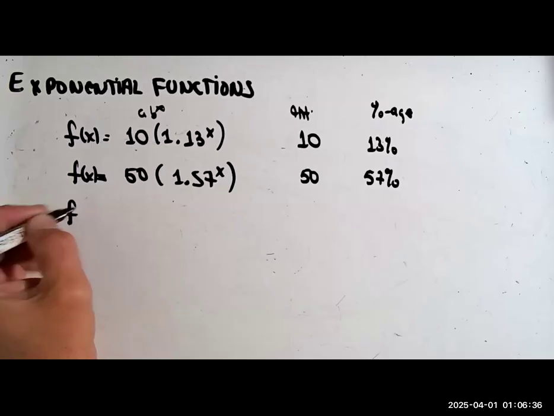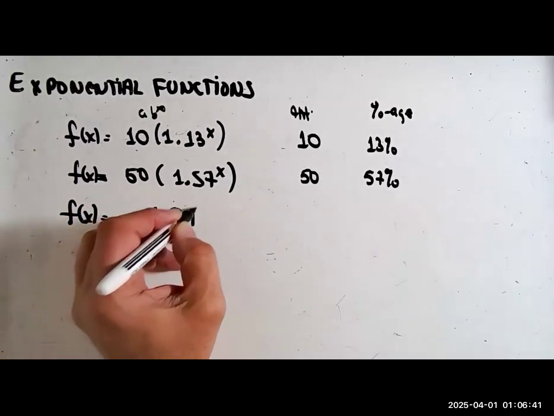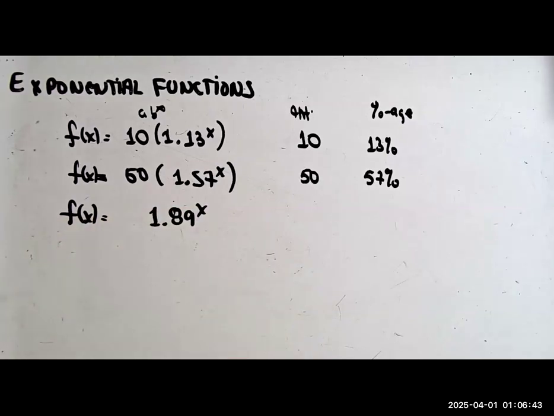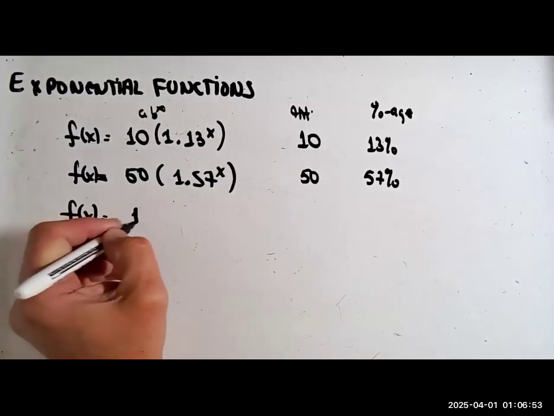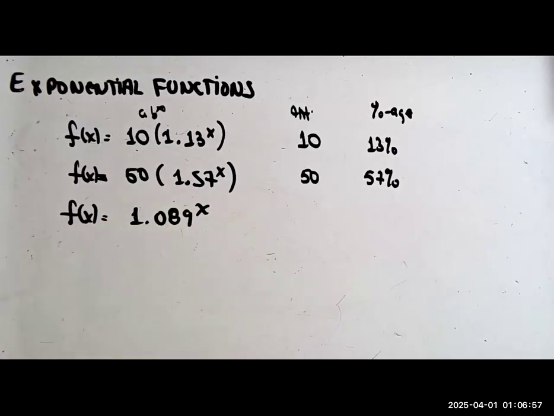Okay? If I have f of x equals 1.089 to the x, notice my initial value is 1.